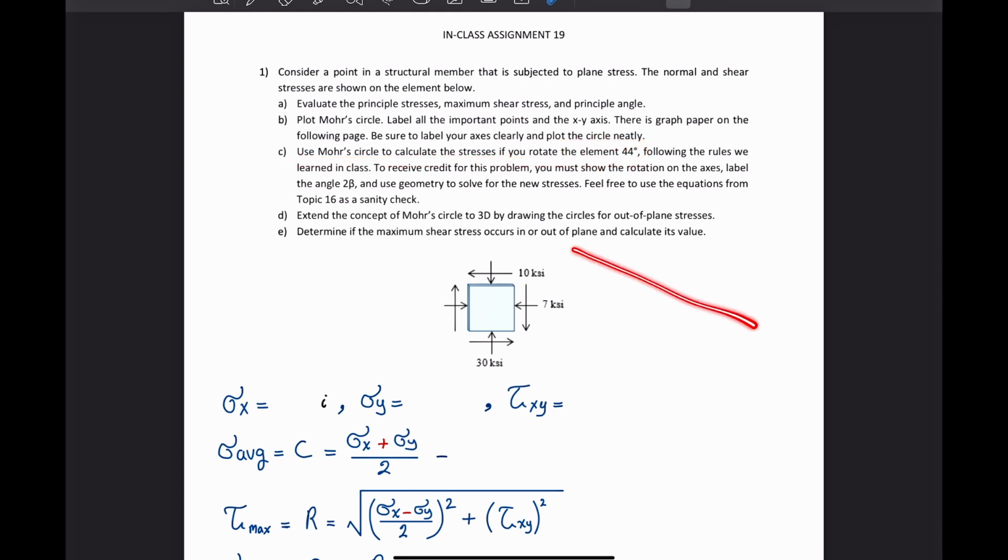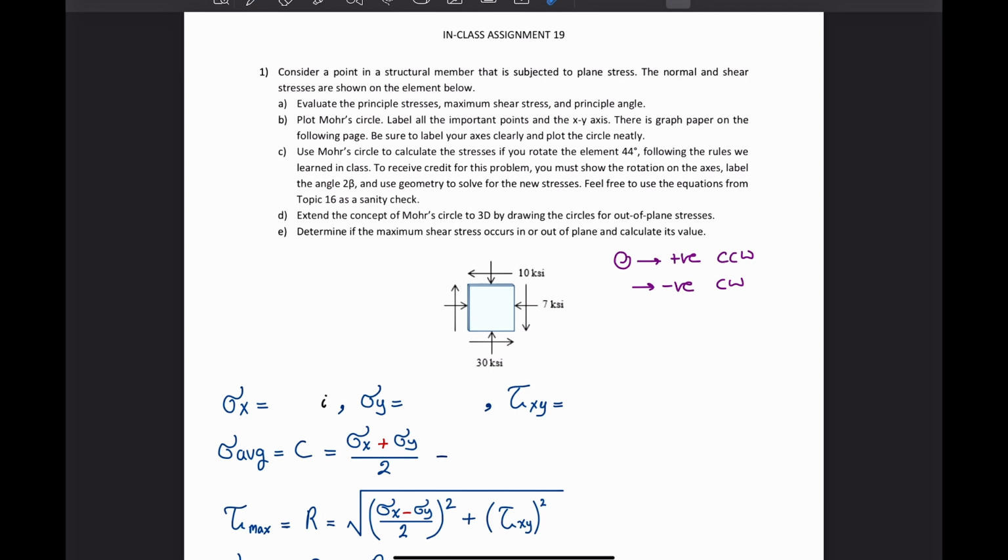So now we are not going to rotate the element by theta p to get the principal or theta s to get the shear. No, we're going to rotate it by 44 degrees. It is mentioned here to rotate it 44 degrees in positive, and the sign convention for the angle is that positive means counterclockwise, negative means clockwise.